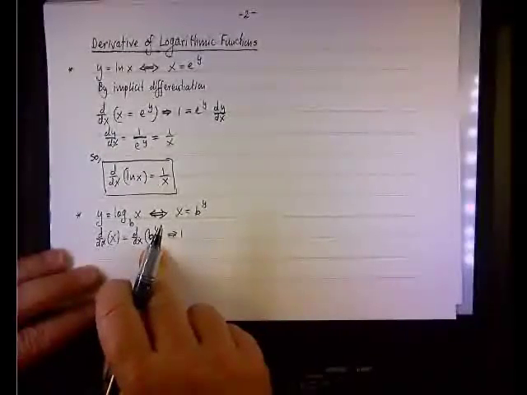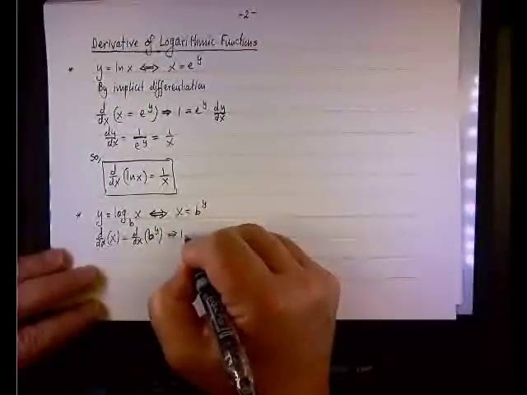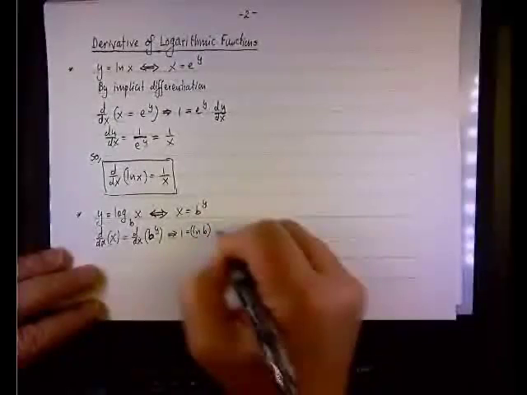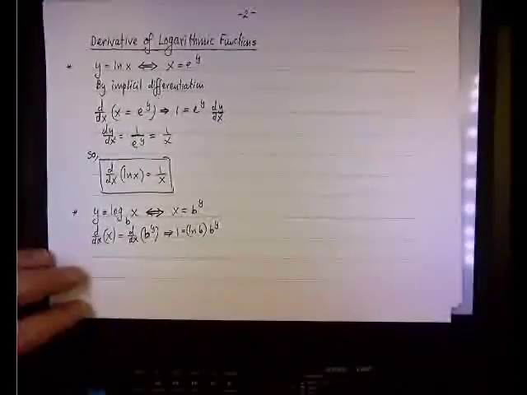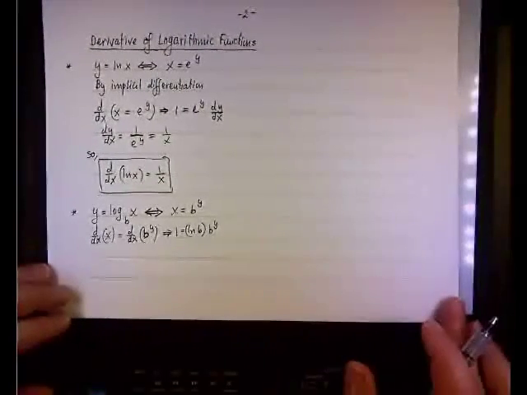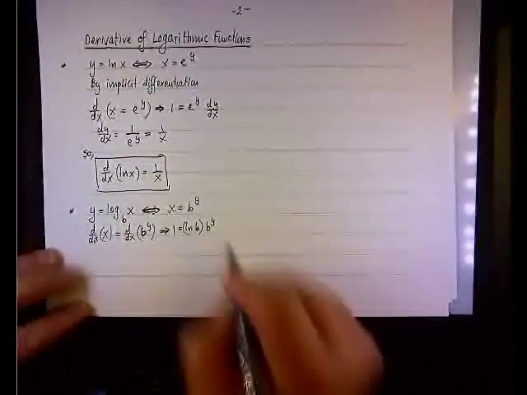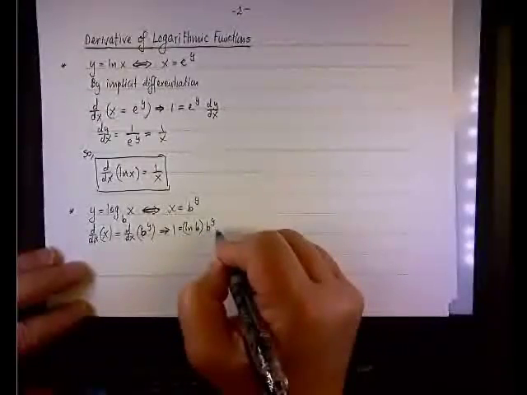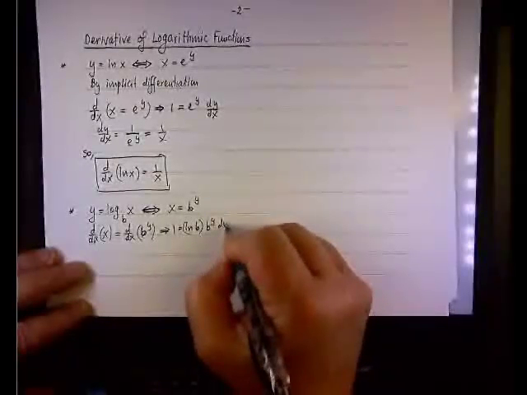Remember the derivative of b to the power of y? It's the natural log of b times b to the power of y, if you do the chain rule. We did it when we learned the chain rule. And then we need to take the derivative with respect to x, so it will be times dy/dx.